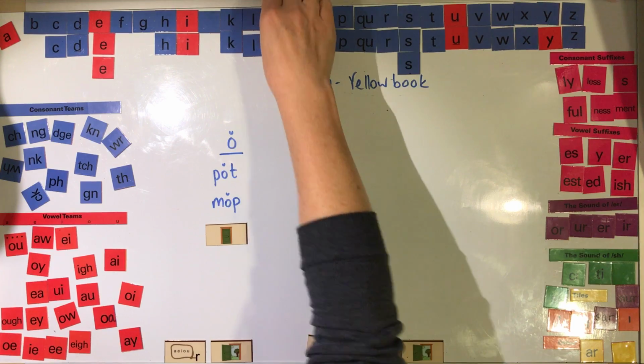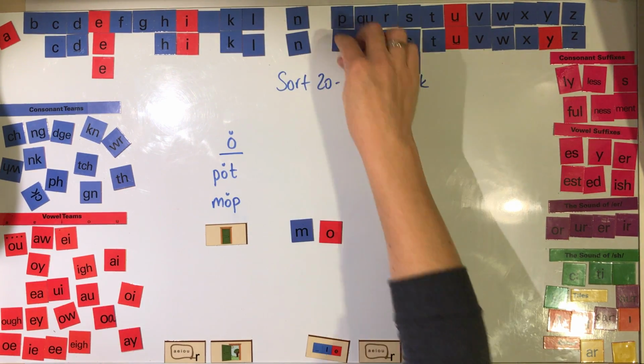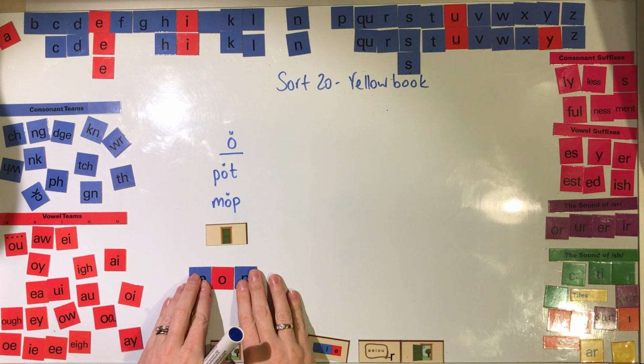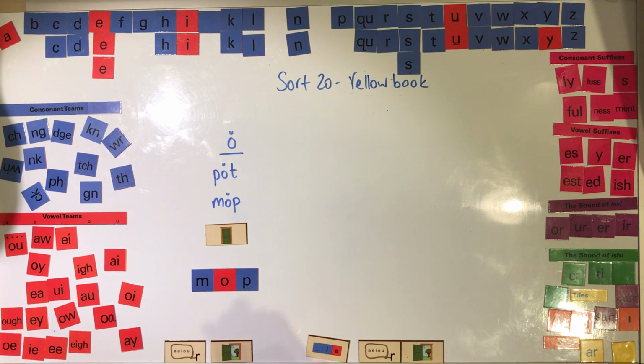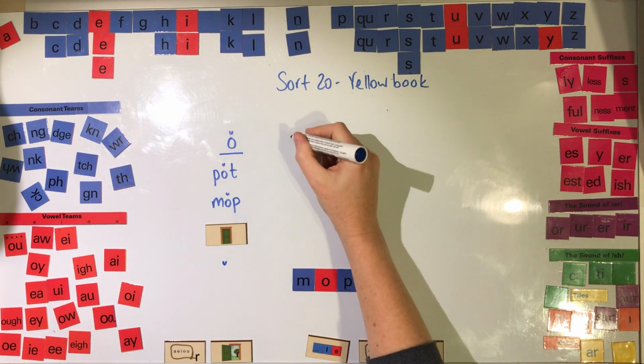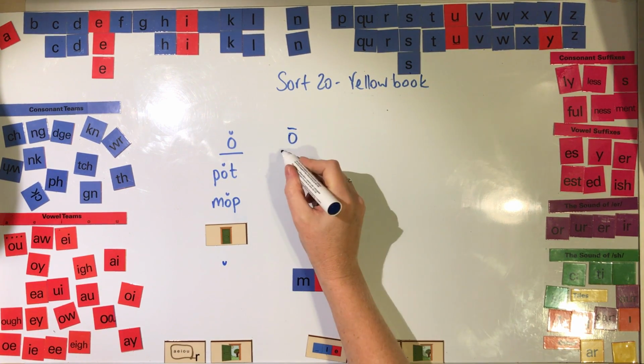What if we had the word mop? Let's pull that down here. If it's sitting in here in our short vowel sound, it's a closed syllable, it says mop. I want to make some long sound O's.